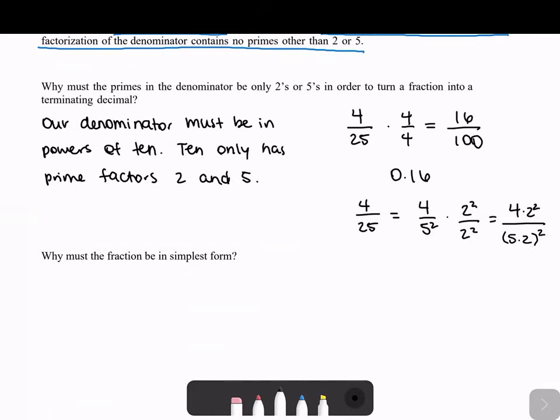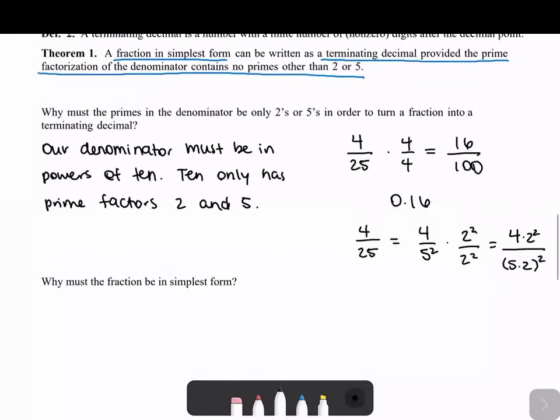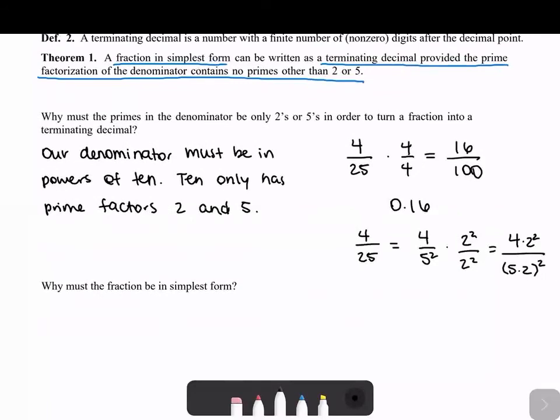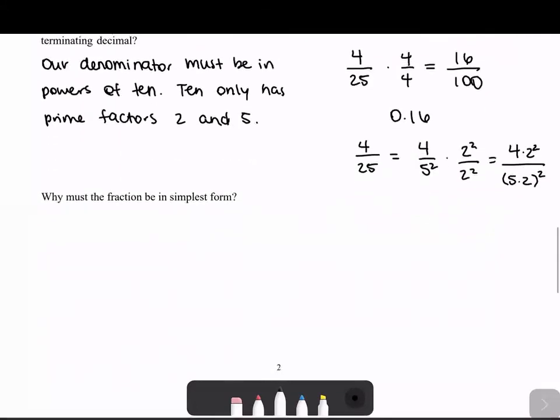Okay, so in order for a fraction to translate to a terminating decimal, the denominator has to only have prime factors 2 and 5. But there's one other part of this theorem that says the fraction has to be in simplest form. Why is that the case?